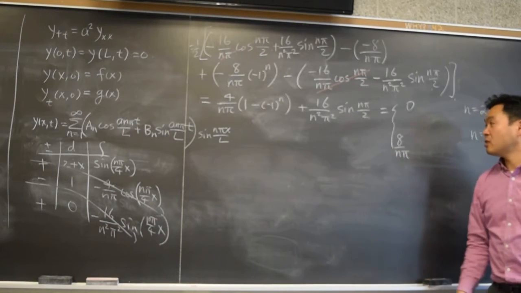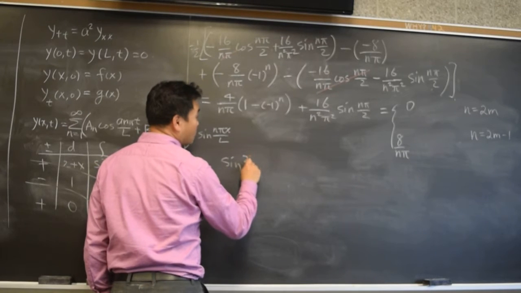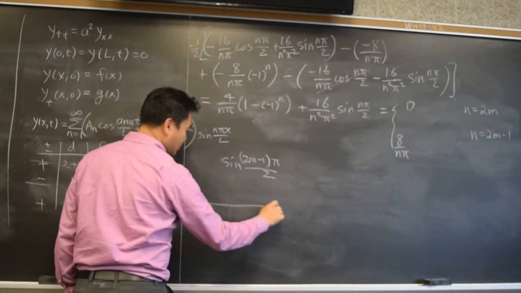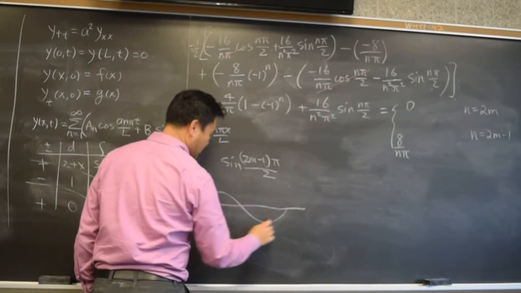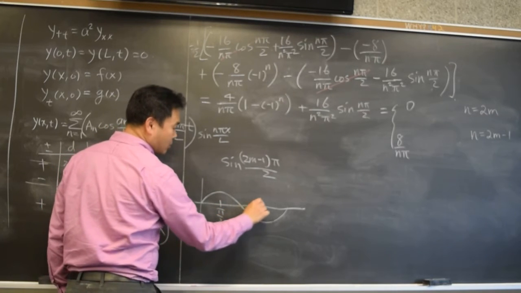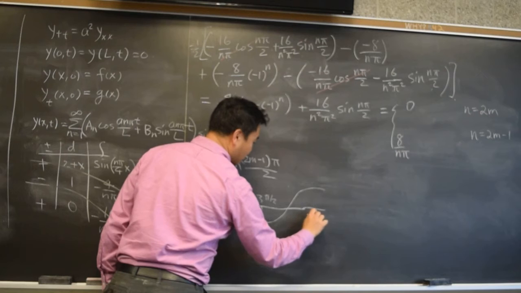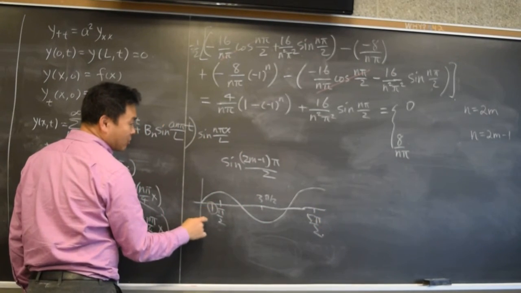And this one, what is sine of 2m minus 1 pi over 2? Let's look at it. So here's pi over 2, here's 3 pi over 2, here's 5 pi over 2. Now 1 pi over 2 corresponds to when m is 1.